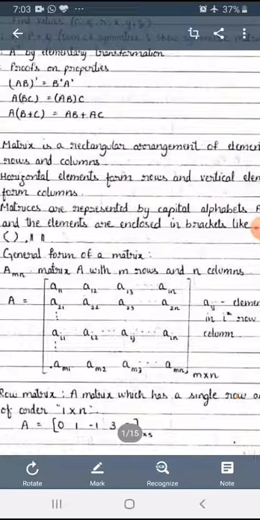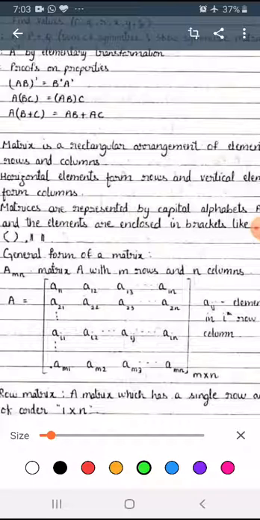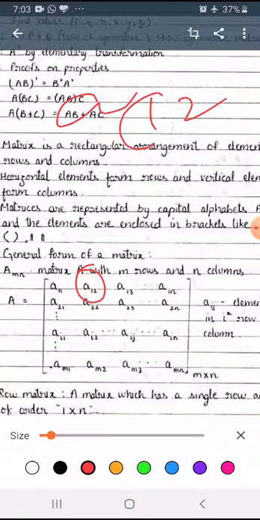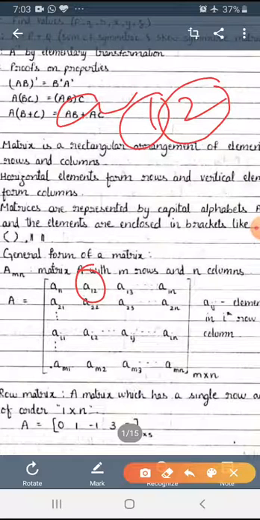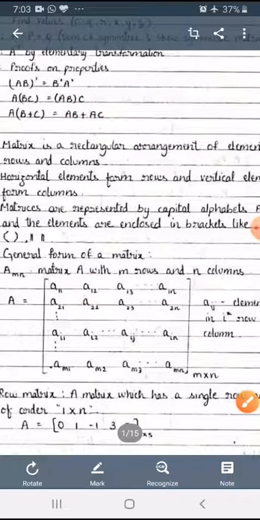Now one more, that is a12. Here 1 means first row, 2 means second column. Like this we write all the elements, a13 till a1n. Similarly a21, a22, a23 and so on till a2n.